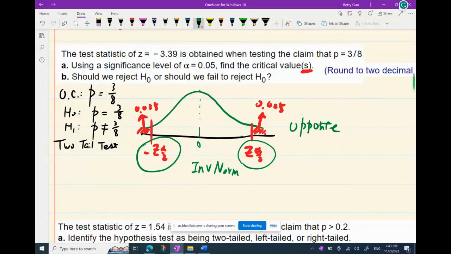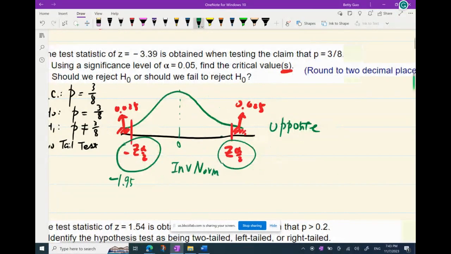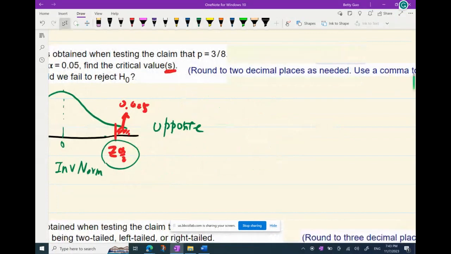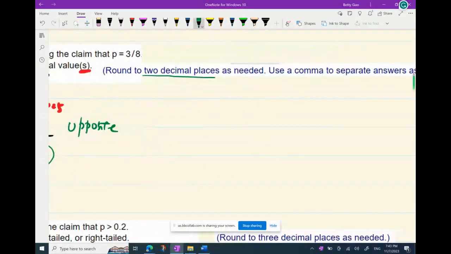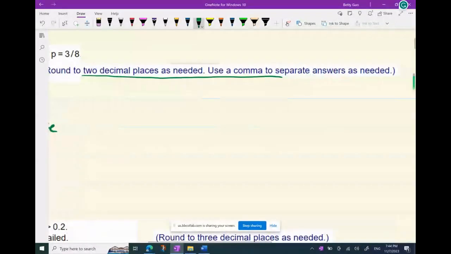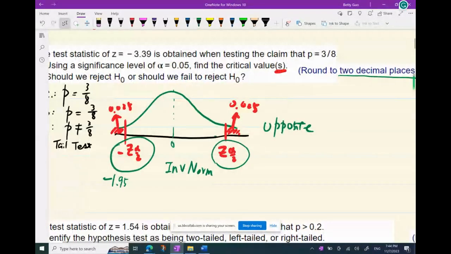What do you have? I got negative 1.95... Actually, I have the rounding rule: round to 2 decimal places as needed, and use a comma to separate answers as needed. So I don't have to write all those digits, I can just round it right now.